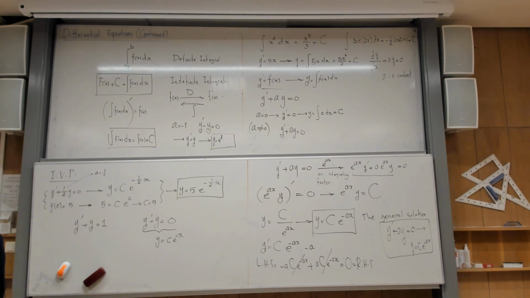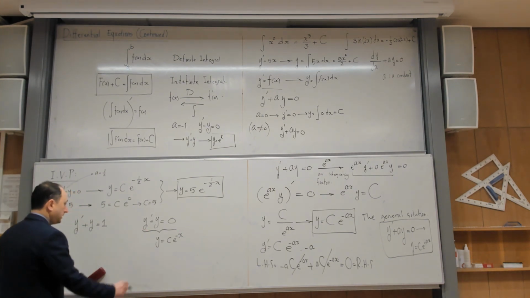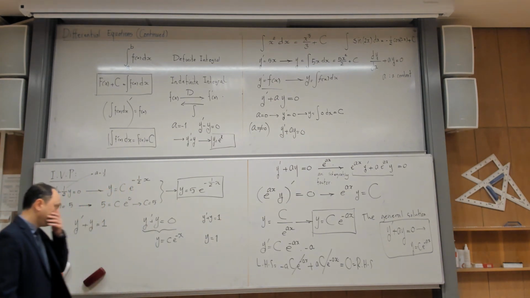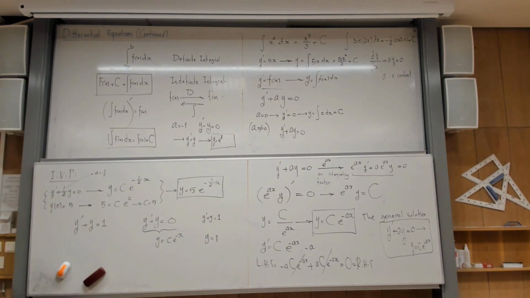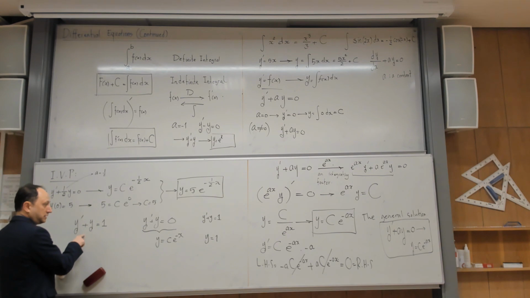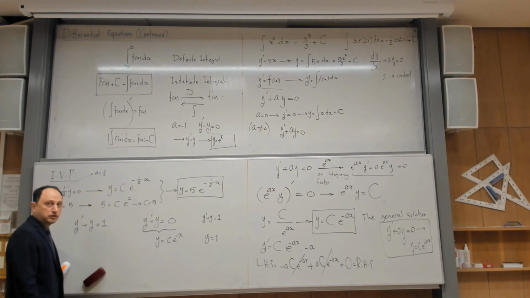Can you see that? So you see, this is the solution to this one, and that is the solution to this one. Okay, can you tell me what's the solution to this one now? The general solution. This is of course one of them, but I want all of them.